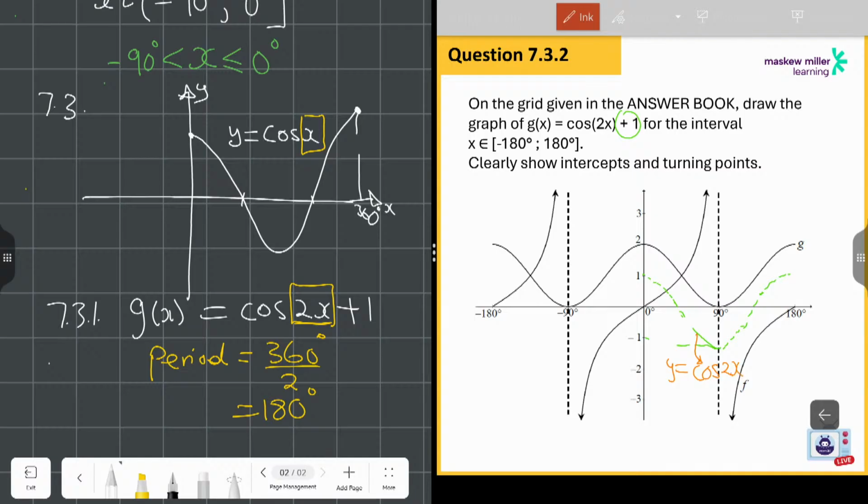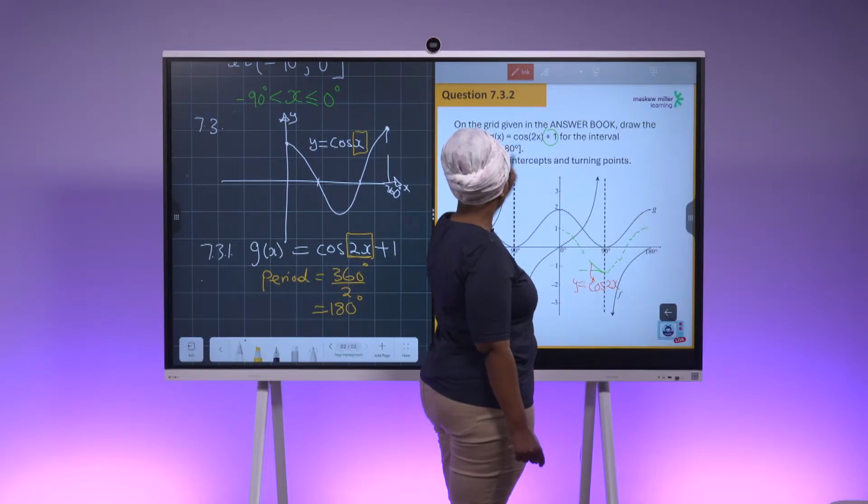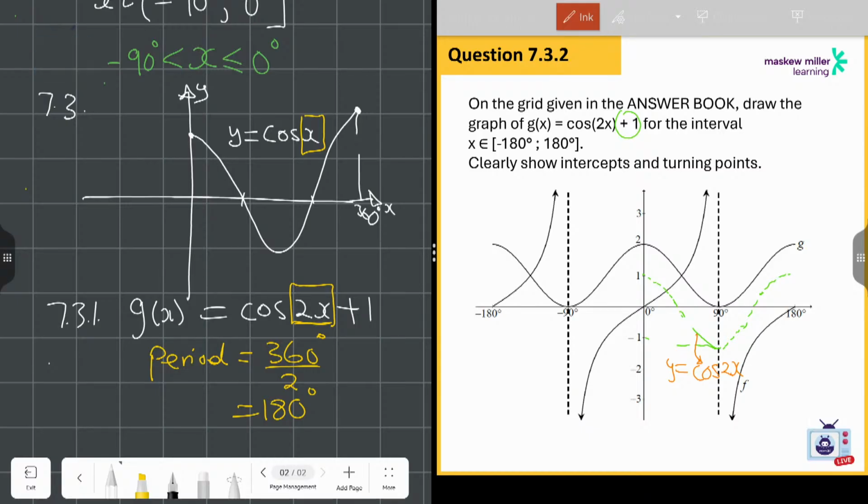Remember to label your graph all the time. Because this one has been labeled g for us, we know g is the one that has plus 1. So the other cos graph will be g of x equals cos 2x plus 1, right?